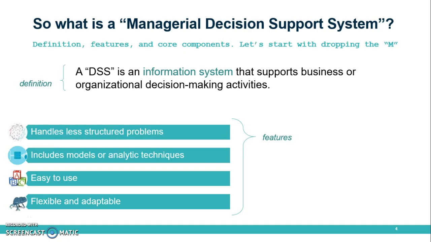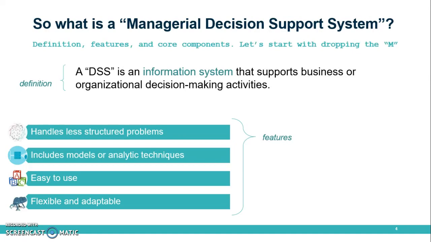The less structured problems might be something like, how do I improve customer satisfaction in my organization, or what is my optimal pricing mix for a given product? How do I price it across markets? Which kind of feeds into models or analytic techniques that are used as part of a DSS.